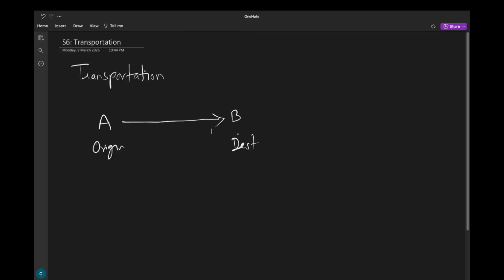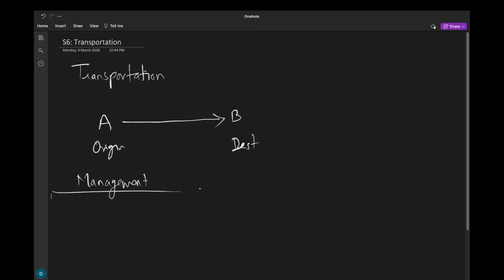But here is where it gets interesting. Management. Transportation management is all about making all the decisions and coordinating all the activities involved in moving goods effectively and efficiently.